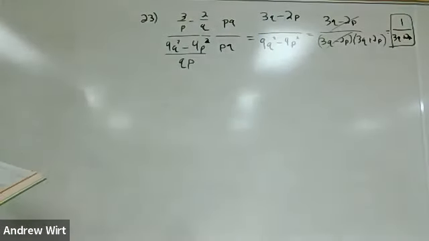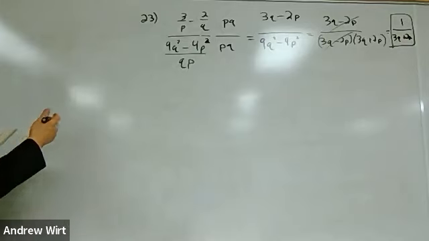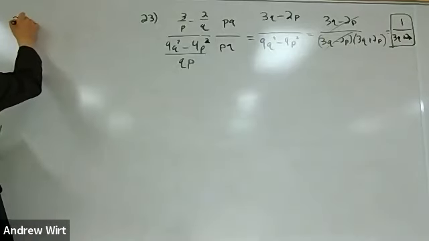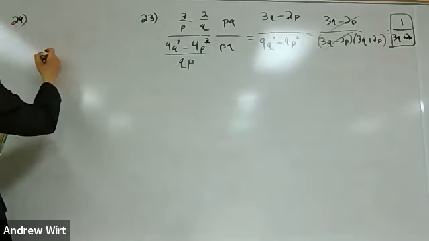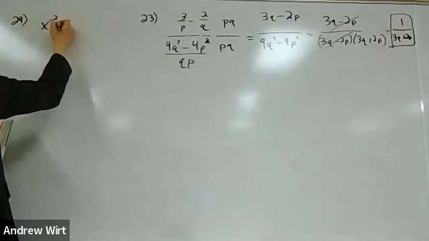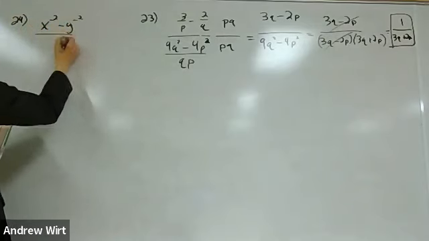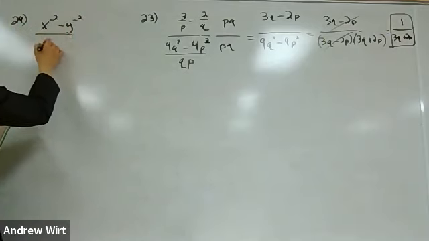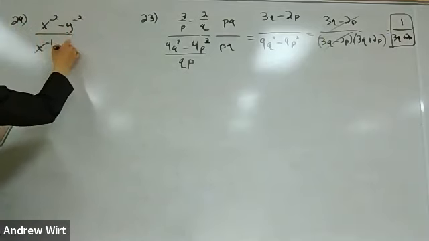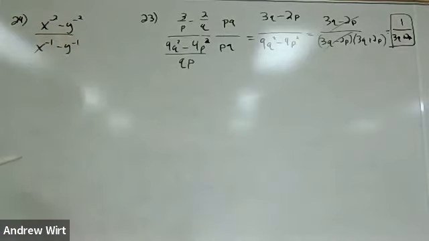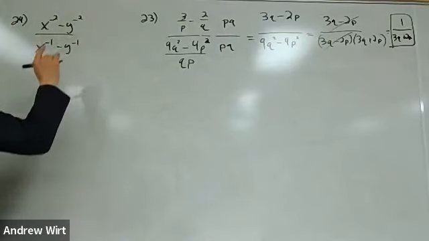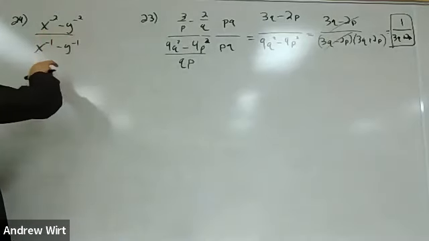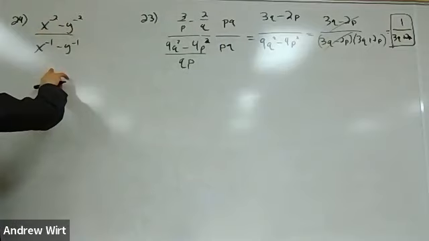Next up, number 24. Now we got some negative exponents here. Now for problems with negative exponents, we're going to multiply both the top and the bottom by the largest exponent for each variable turned positive.